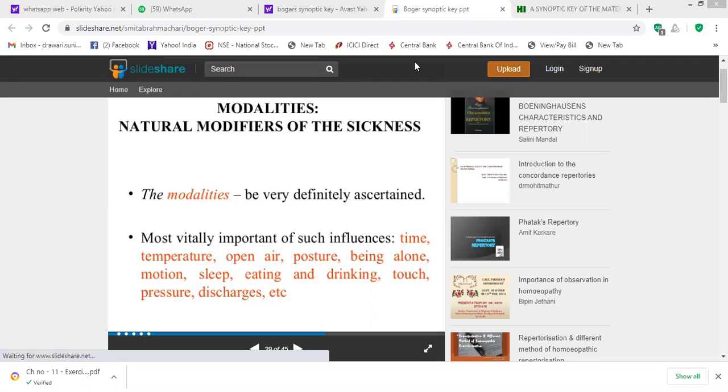For example, as the discharges start, the patient feels better. This was a symptom from one of our medicines. Which is that medicine? Better by discharges, with all types of discharges the patient feels better.